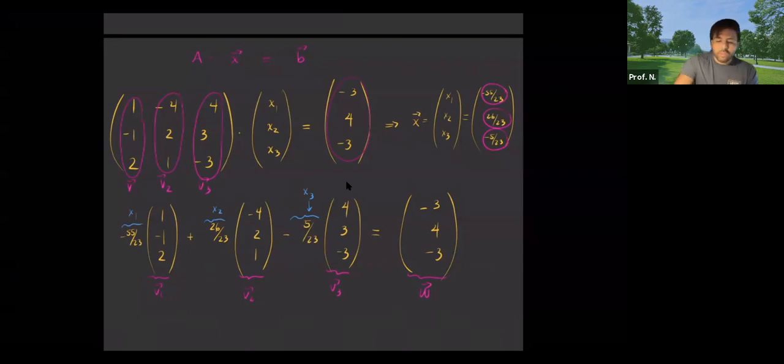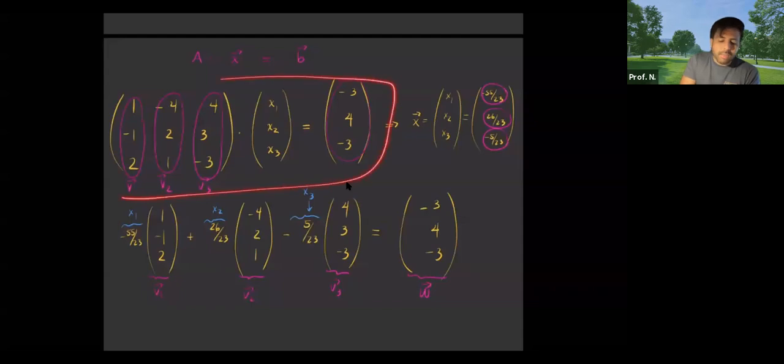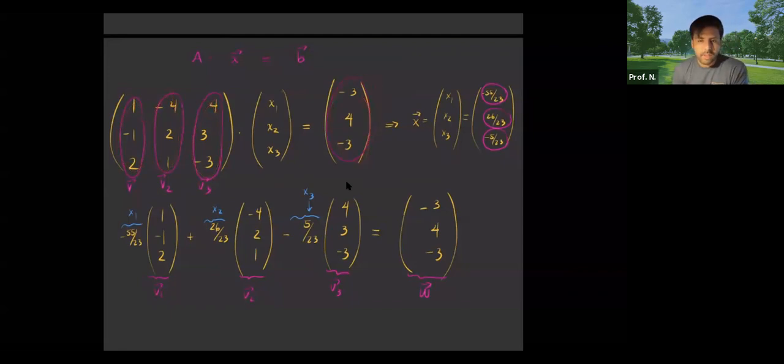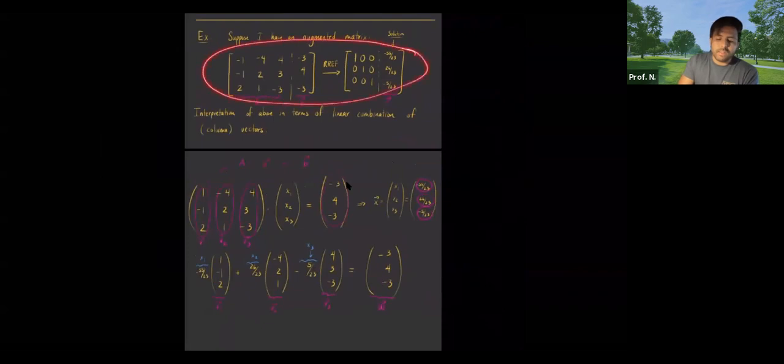So the X1, X2, X3, or the X, Y, Z, or the C1, C2, C3, these are scalars for the respective vectors, so that this matrix equation can be interpreted as finding the scalars that provide the linear combination of the columns of this matrix that gives us the vector on the right. That's the idea, guys. You see this? This is what this represents.